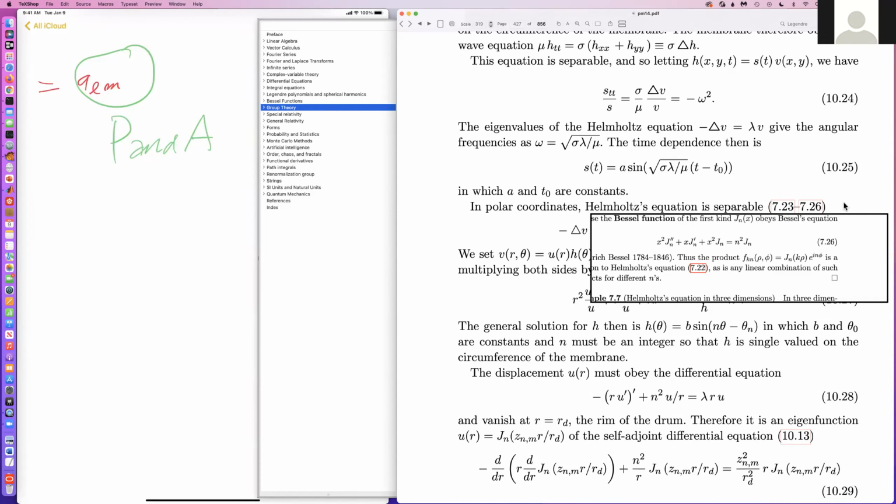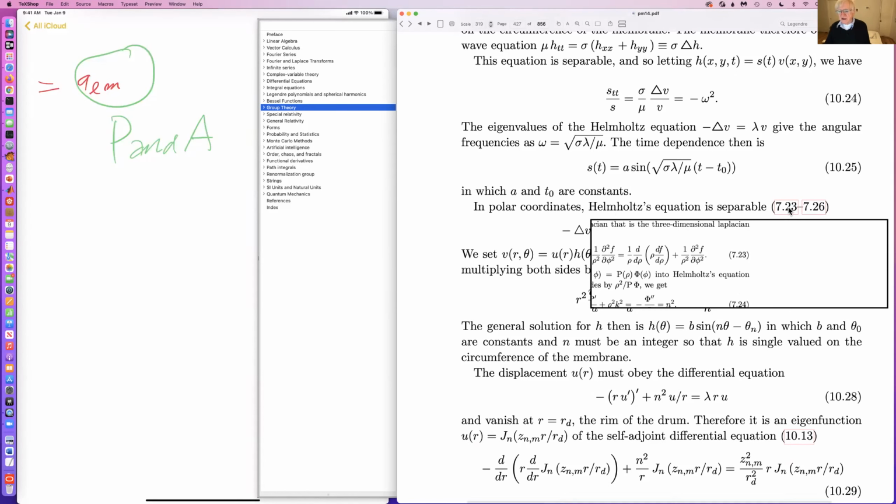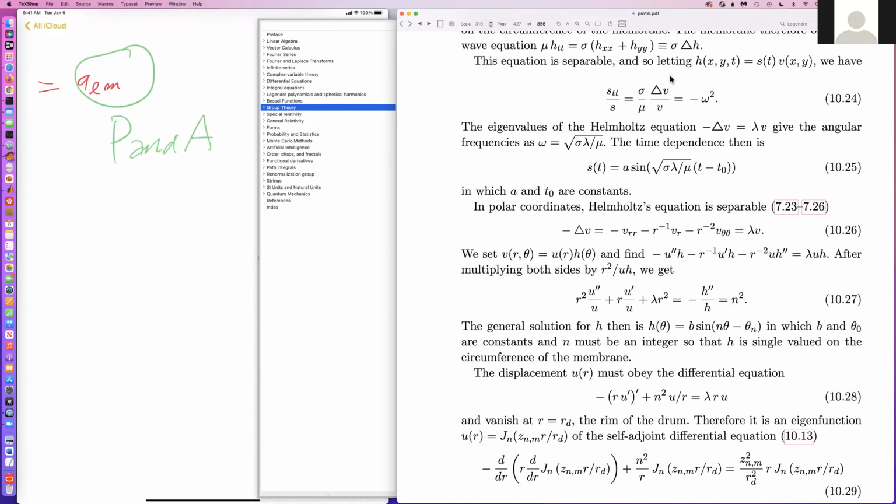The one we have here is minus Laplacian of v, which is minus the second derivative of v with respect to r, minus 1 over r times the first derivative, minus 1 over r squared times the double theta derivative, equals lambda times v. And now if we set v equal to some u of r times h of theta, we then get this expression. We multiply both sides by r squared over uh, and we get this.